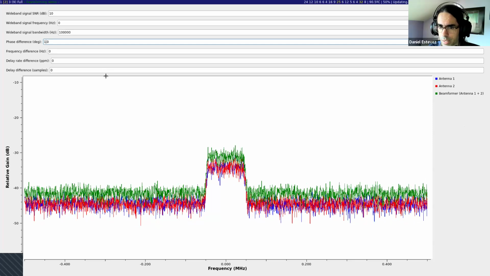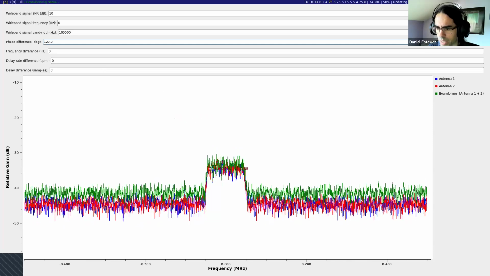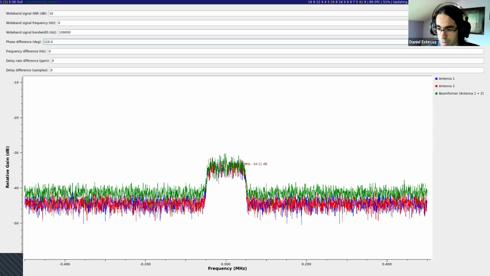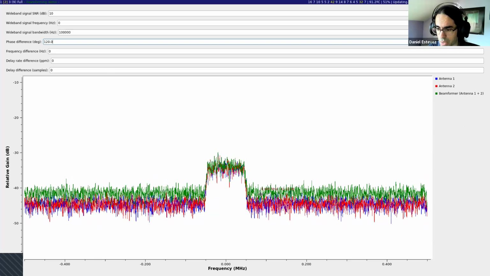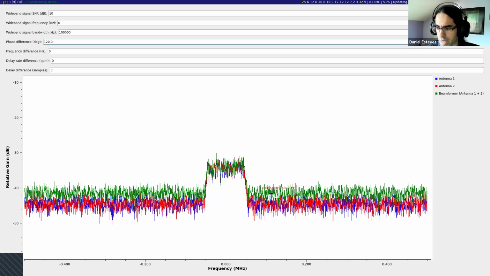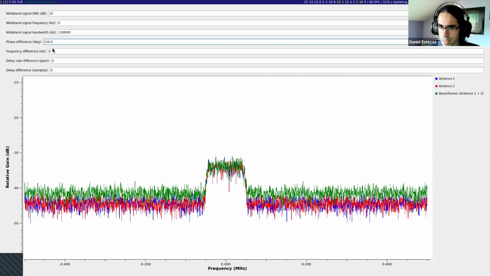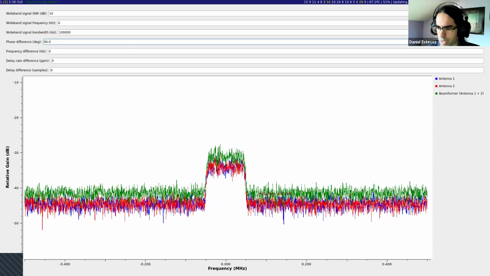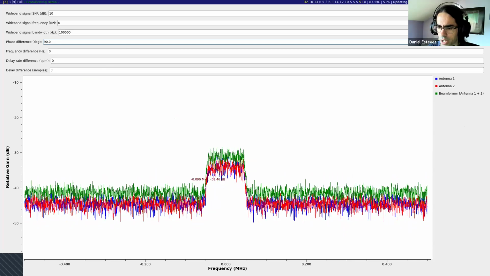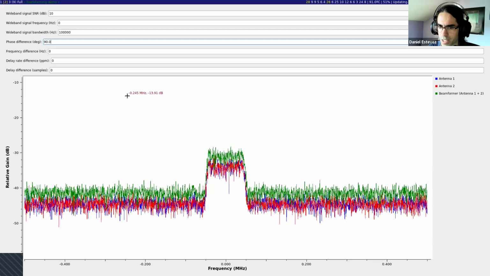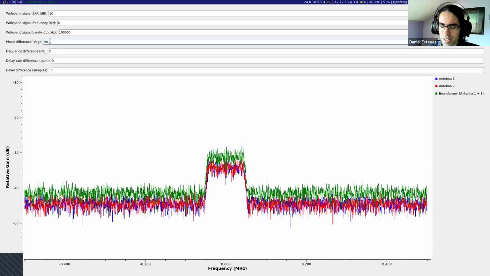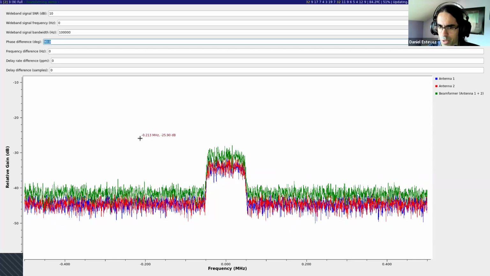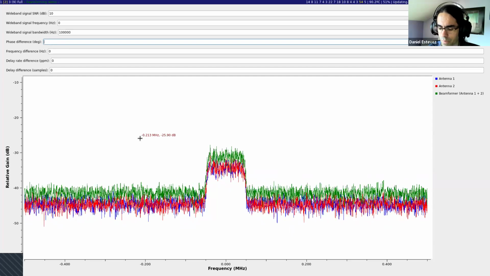I think at 120, I basically gain nothing. Well, I'm actually losing because the power of the signal is the same, but the power of the noise has still increased by 3 dB. And I think at 90 degrees error, we have the same SNR before and after beamforming, but that's not something you need to remember because this is a very large phase error. If you have a phase error of 90 degrees, then there is something completely wrong in the calibration system.